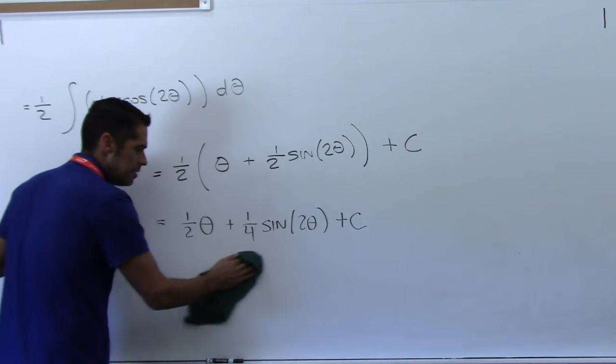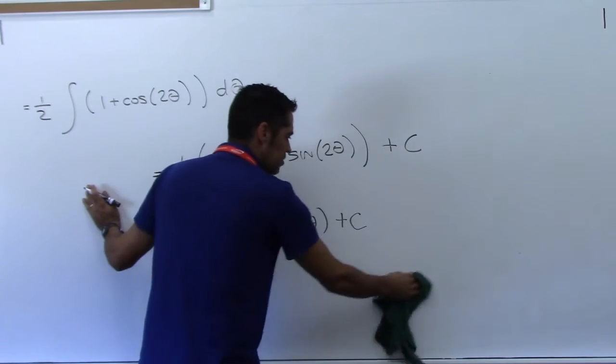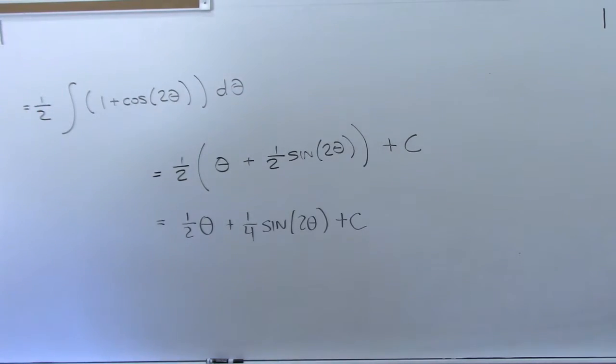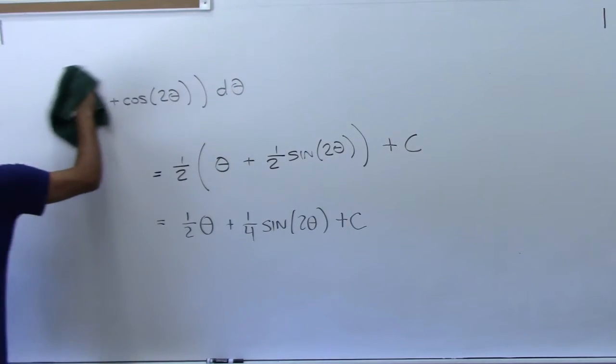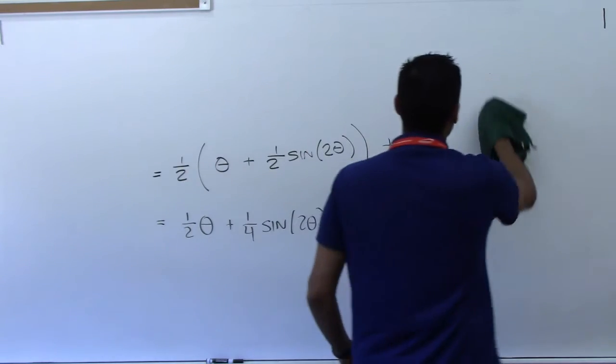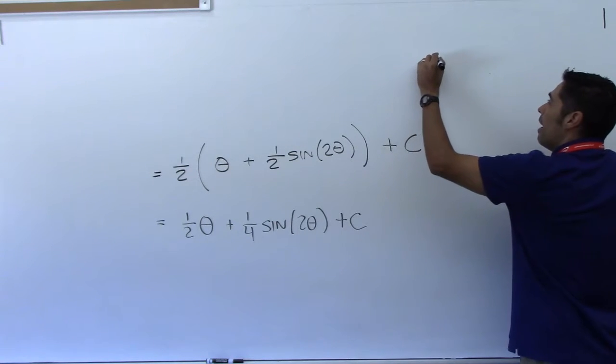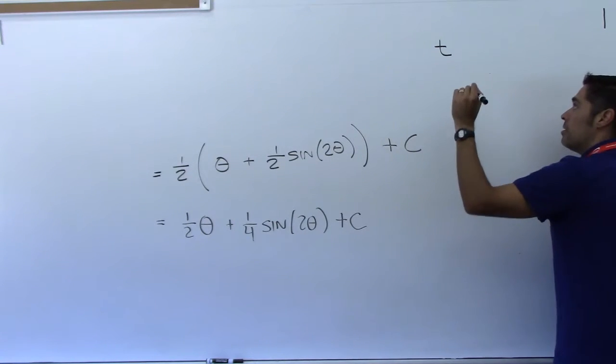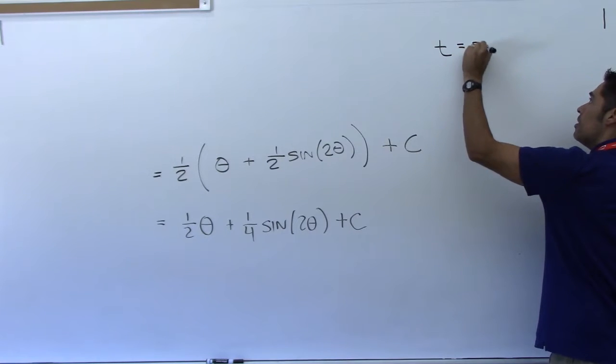Now, again, because it's just in my nature to want to draw the reference triangle, I'm going to do that. I think I'll put it up here. We had t, right, not x. t was equal to secant theta.